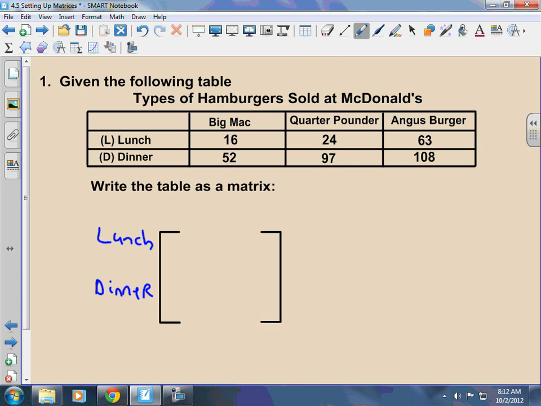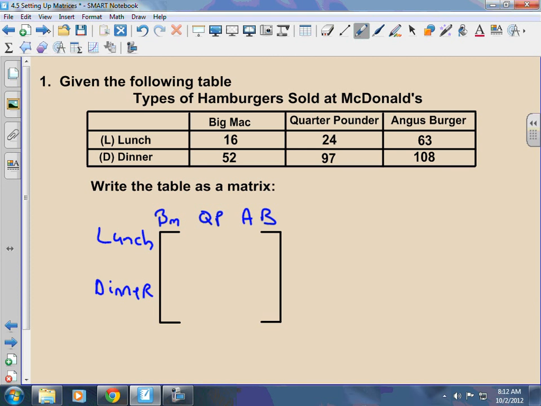Okay. It's on the left. What's across the top? Big Mac, quarter pounder, Angus burger. And I abbreviated. So I like to keep my headings exactly where they are, because this way it makes it nice and easy for me to transform into the matrix.